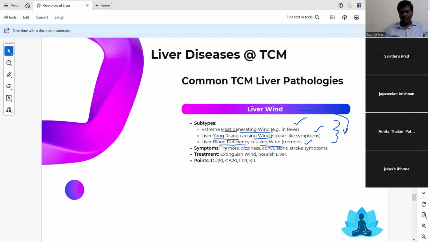So the symptoms: tremors are the very common one related to wind. Then convulsions, then stroke symptoms. So it is related to movement, whether it is excess or short.